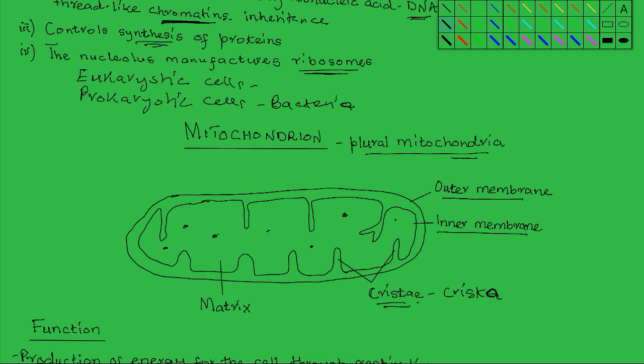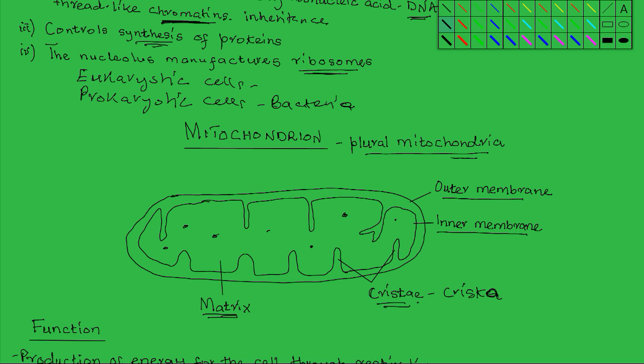The mitochondrion also contains a fluid matrix. There is a fluid matrix in which respiratory reactions take place. Within this fluid matrix, there are enzymes that control the respiratory reactions.